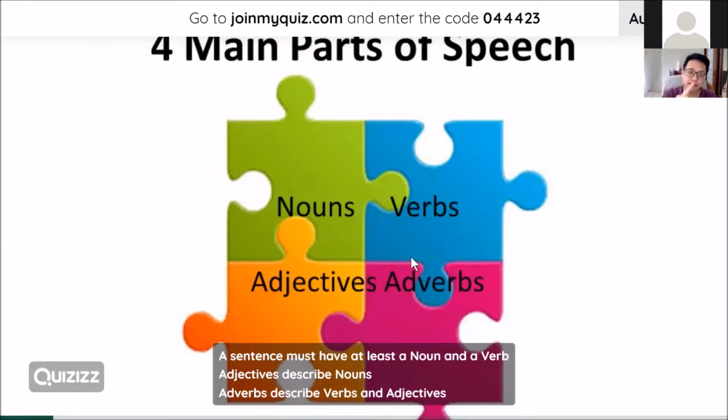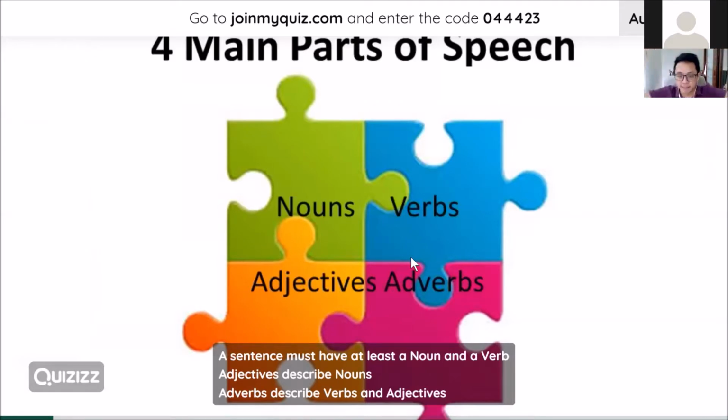There are nouns 名词, verbs 动词, adjectives 形容词 and adverbs 副词.